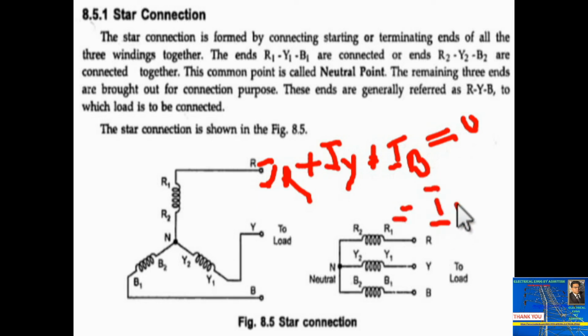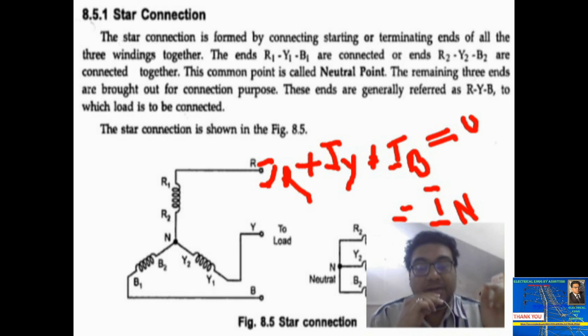So guys, for a balanced system, this will happen. Neutral current will be 0 during balanced condition. But during unbalanced condition, there will be a neutral current. Okay, so you can see.